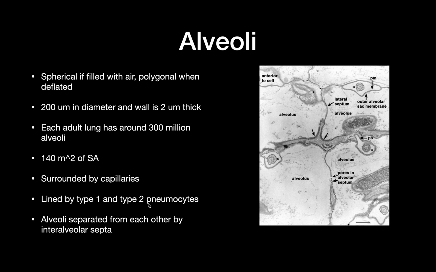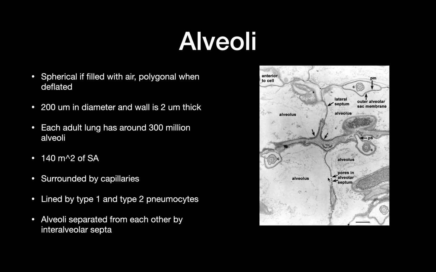Type 2 is going to make the surfactant, the phosphatidylcholine component of the surfactant, and they're all separated by a septum, but there are going to be pores in the septum in order for cellular exchange.